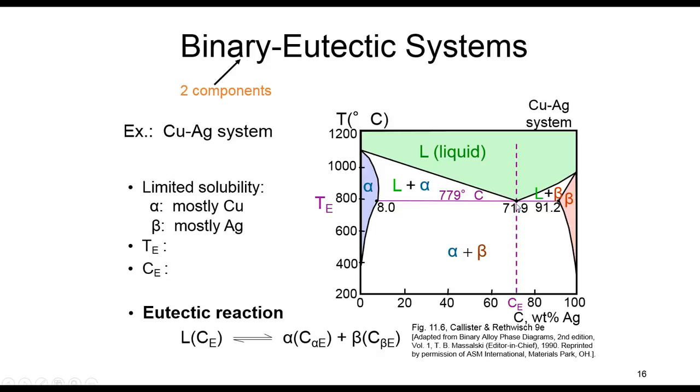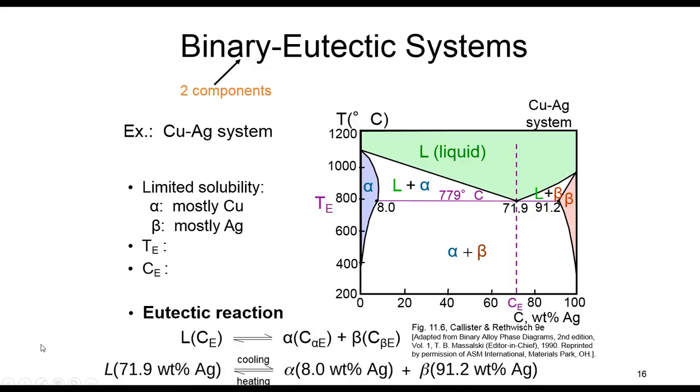Of course, here now we have two phases. One of them is alpha and the other phase is beta. The composition of silver in alpha can be found from here, and the composition of beta can be found from the right side, which is written here.